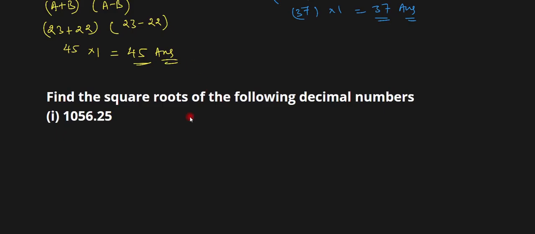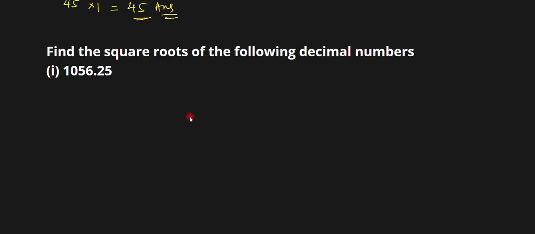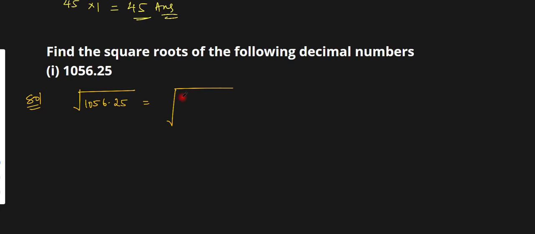Now the next question is, find the square root of the following decimal number using division method. So the solution is, basically you need to calculate square root of 1056.25, or what you can do is you can write it like this: 105625 divided by, when you remove this decimal you need to put two zeros in the denominator, and 100 can be written as 10 into 10, right?